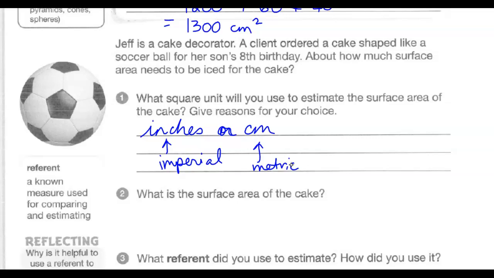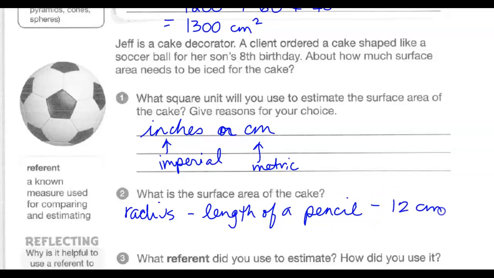Maybe it's about 12 centimeters, without the eraser. And if you have two of those, that might be the diameter. So let's say the radius is the length of a pencil, and let's say that's 12 centimeters.